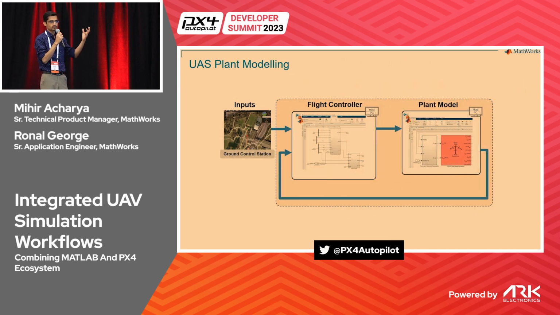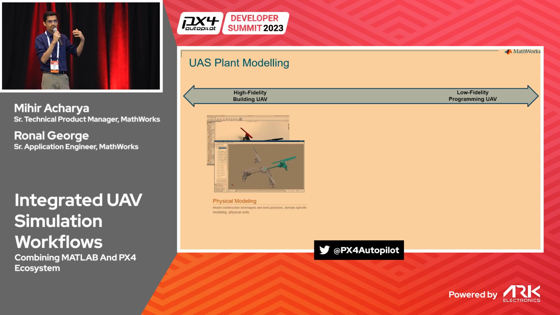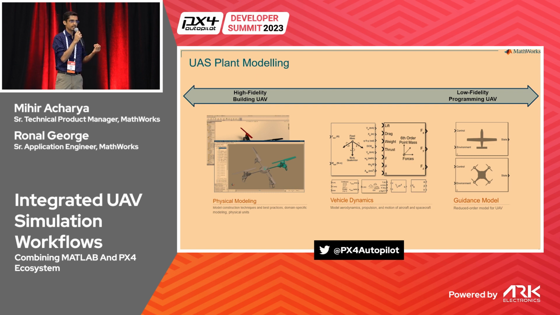So we'll start with a subset of that, which is designing the plant model and controller. There are several different levels of fidelity to design a plant model. We can define really high fidelity plant models using something like Simscape physical modeling, or we can go one level down with defining the vehicle dynamics using something like a 6 degree of freedom model. Or we can use really simple baseline models to prototype your algorithms.